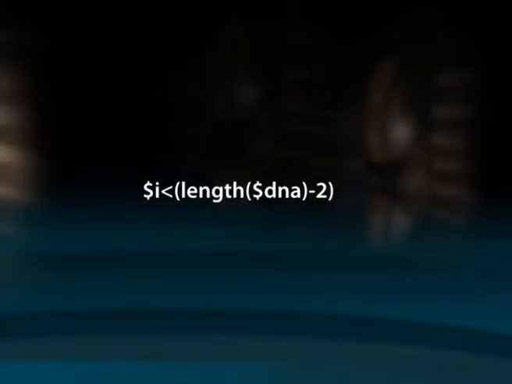The middle part of the for loop tests whether the loop should continue. $I less than length of $DNA minus 2, that is, if there are none, 1 or 2 bases left, it should quit, because there are not enough bases to make a codon. The positions in a string of DNA of a certain length are numbered from 0 to length minus 1.